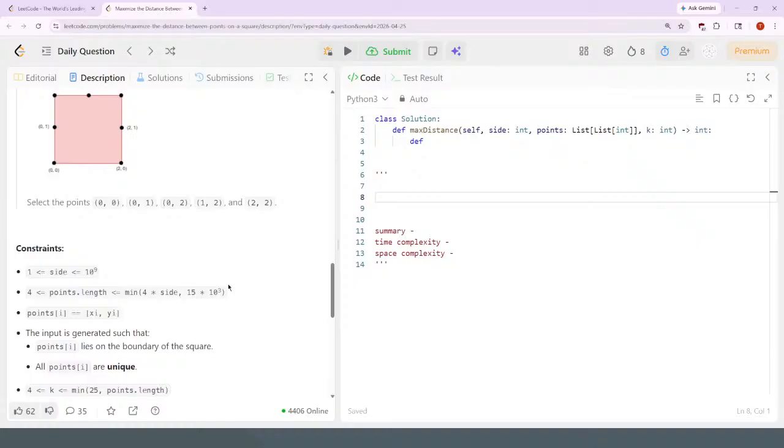So roughly 10 to the 8th, to find the distance between every pair of points. I mean, seems a little inefficient, to be honest.